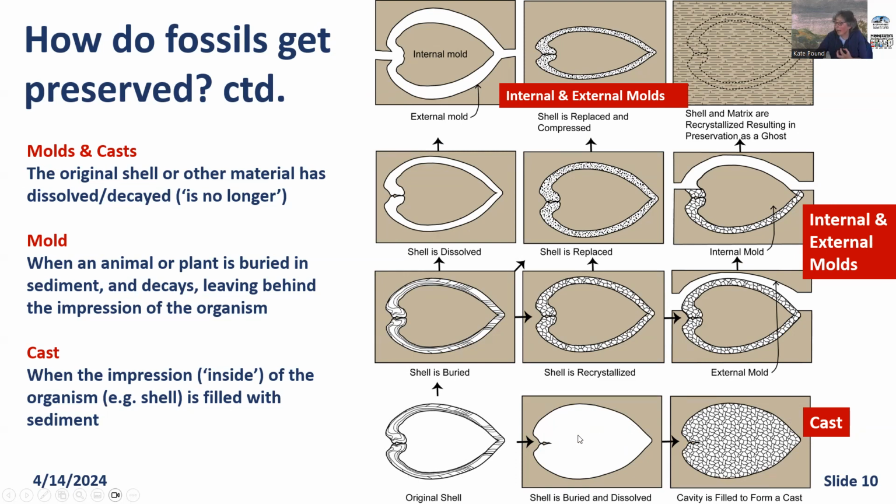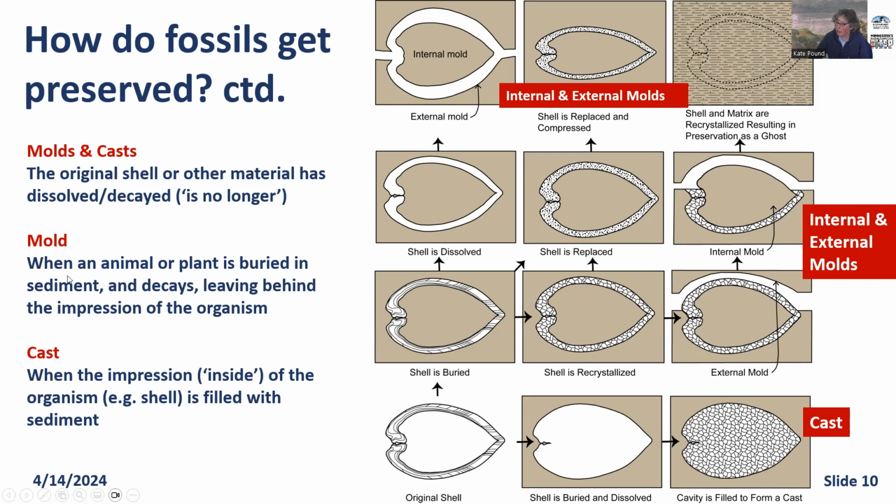And what happens is all the sediment that was inside that or formed part of the shell preserves the shape of the shell, and that gives us a cast. So the cavity is filled to form a cast.